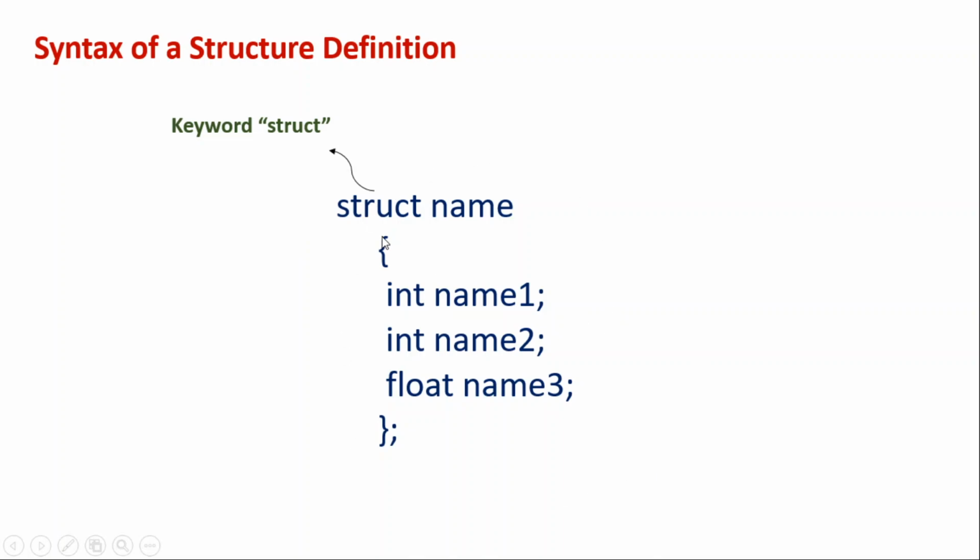So when I use the keyword struct, we come to understand that this is a structure. Any structure definition will start with the keyword struct. Next thing is we have a name for the particular structure.